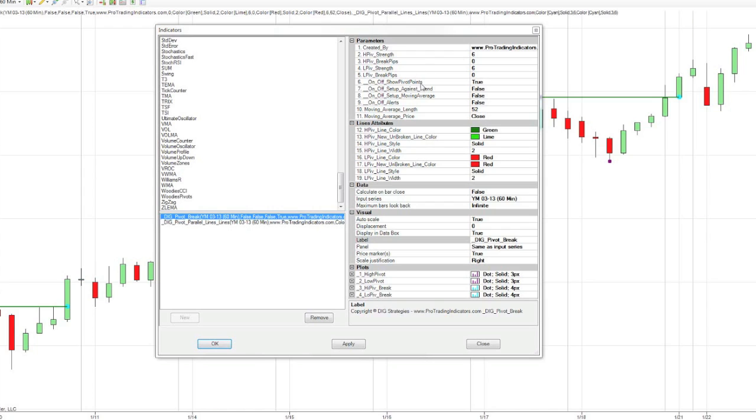After that, you've got on and off showing these pivot points, these little dots at the pivot. And you've got a choice whether to show pivots that happen with the trend or against the trend. And that's decided down here by a moving average. If price is above this moving average, and you can select the length, it'll show you the long pivots. And if it's below it, it'll show you only short entries.